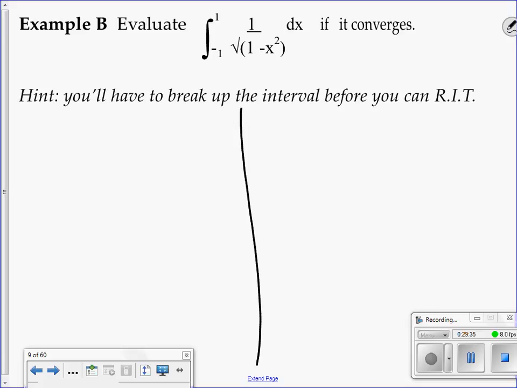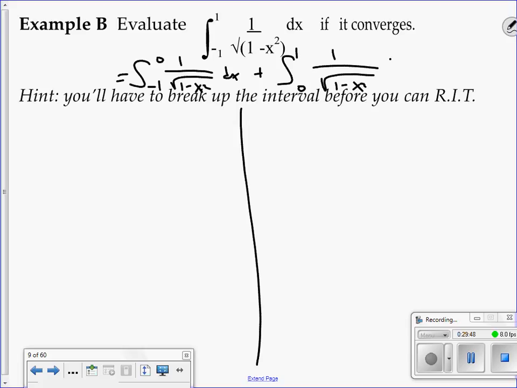So we're going to break this up into the definite integral from negative 1 to 0 of 1 over the square root of 1 minus x squared, plus the definite integral from 0 to 1 of 1 over the square root of 1 minus x squared.